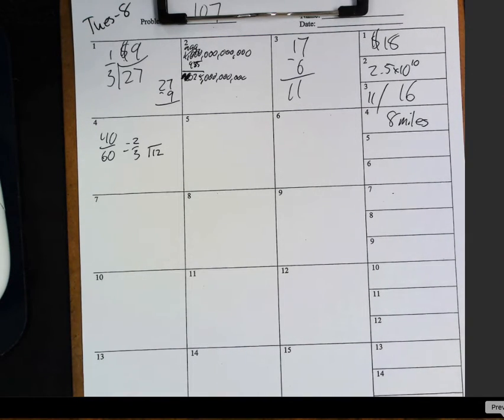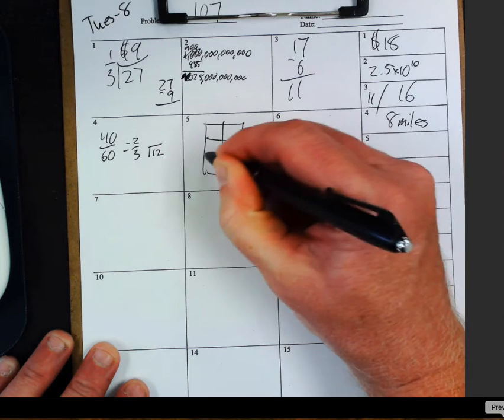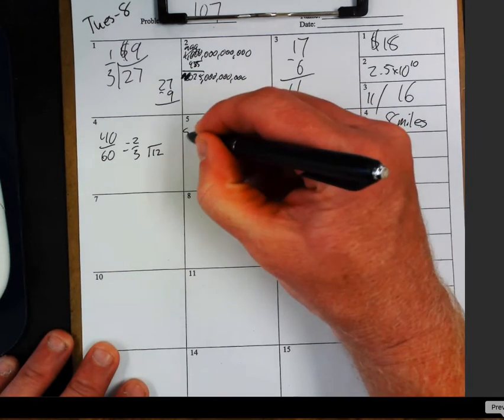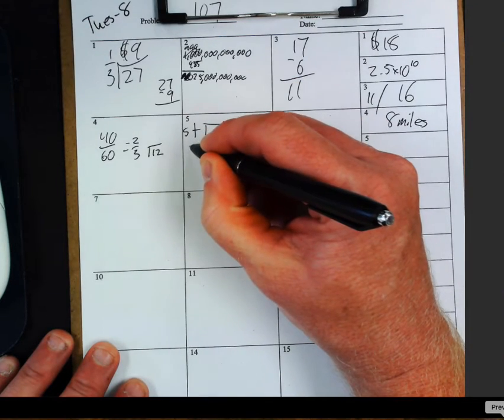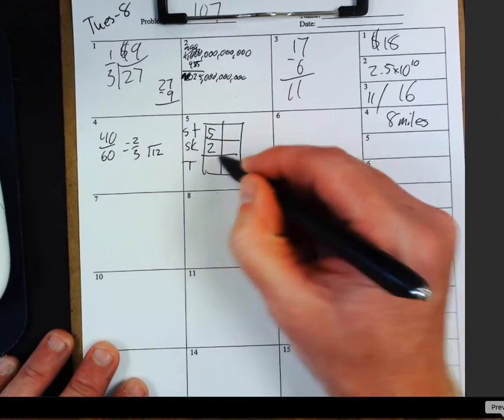Number 5, the ratio of swallowtail butterflies to skipper butterflies in a butterfly conservatory was 5 to 2, and there were 140 butterflies in the conservatory. So I know my ratio box needs to be 3 by 2, and I'm doing swallowtails to skippers to a total, 5 to 2 for a total of 7.